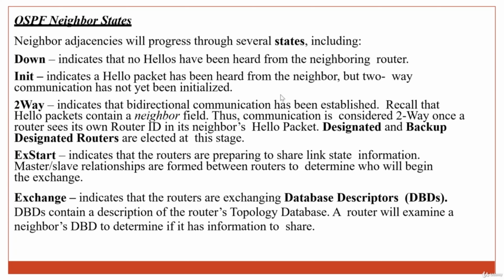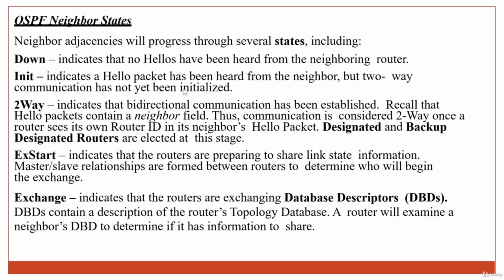So what are those states we have? Here you can see that they will start with down, init, two-way, etc. The down state indicates that no hellos have been exchanged, but the actual process will start from the init state. In init state, the devices start sending their hello packets.